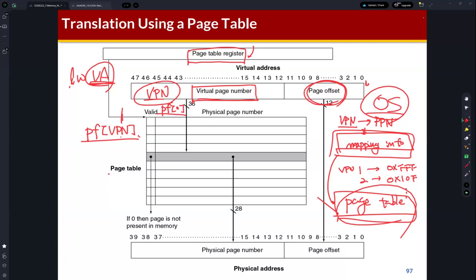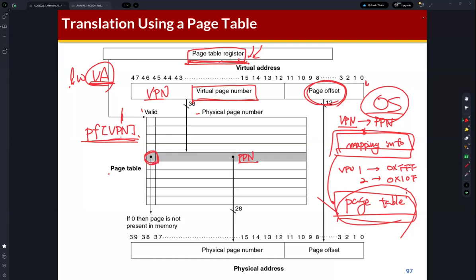And this is the structure of the page table, but I mentioned that the base address is stored in the page table register. So using the base address and the virtual page number, we can access the corresponding entry, like here. This entry includes the valid bit and the physical page number.